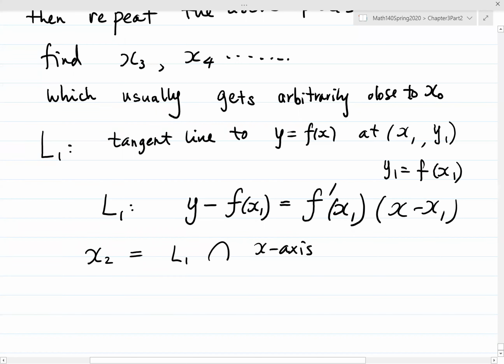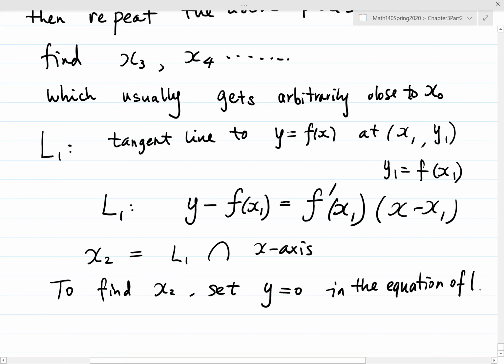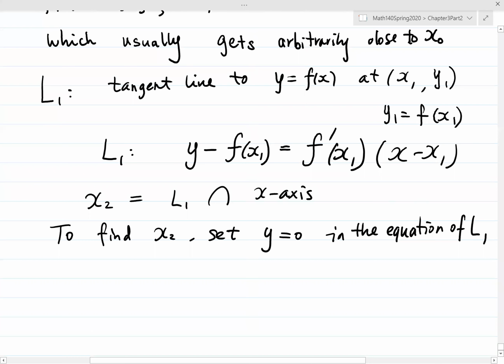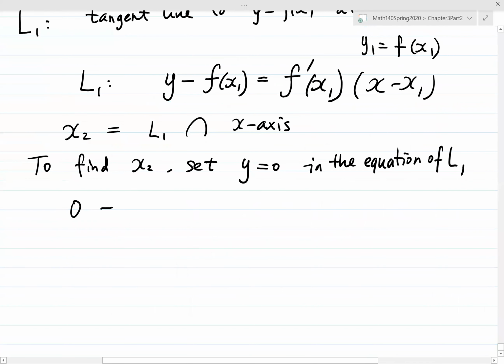Any point on the x-axis has y coordinate, its height, equal to 0. So to find x2, set y equals 0 and plug into the equation of L1. Set y to be 0, then we get 0 minus f(x1) equals f derivative at x1 times x minus x1.